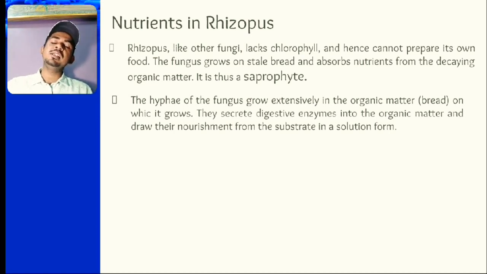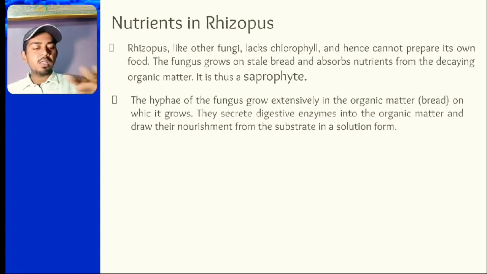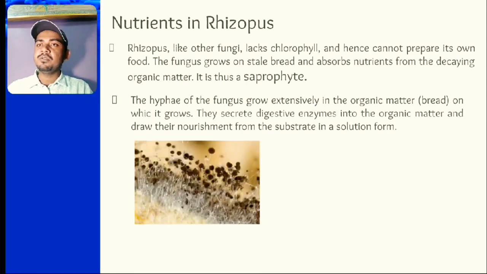So what they do, they secrete some enzyme in the bread, and they wait for the bread to digest a little bit and dilute in that enzyme and make a liquid, and then they absorb that liquid. Okay, and that will have some nutrients also. This is how they take nutrition.